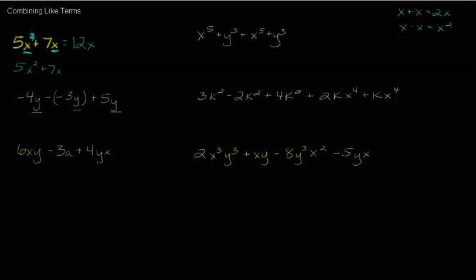Okay? Now, we've talked about when it's subtraction, we're adding the opposite. So then we just treat it like regular integers. Adding regular integers. So negative 4 plus 3 is negative 1y.